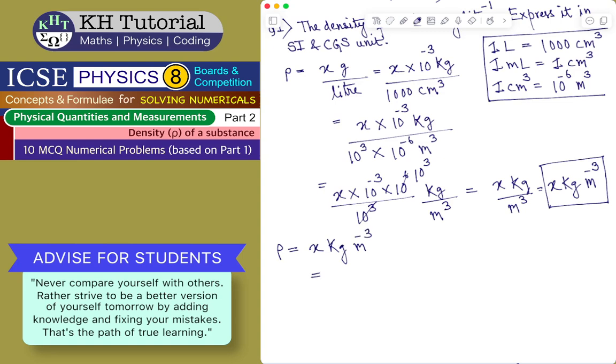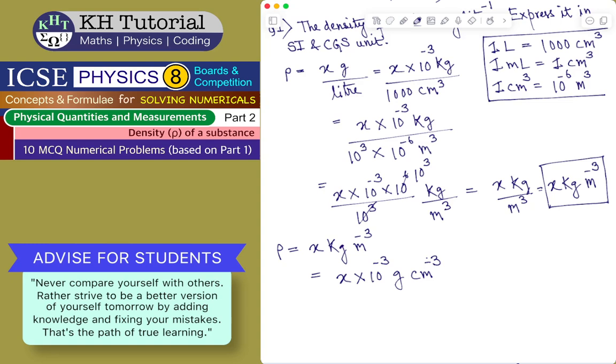Now to convert the density from SI to CGS, we know the formula: we just multiply by 10 to the power minus 3. So this will clearly be x multiplied by 10 to the power minus 3 gram per centimeter cube.